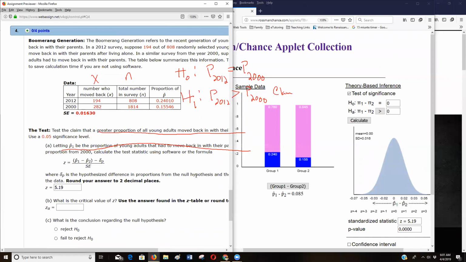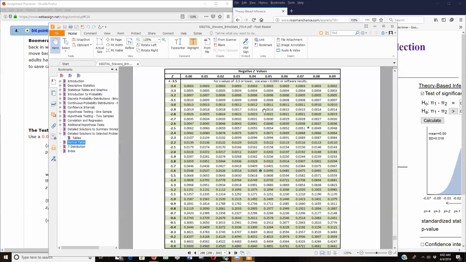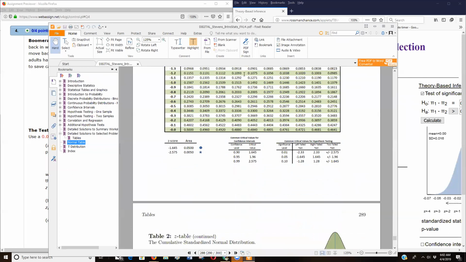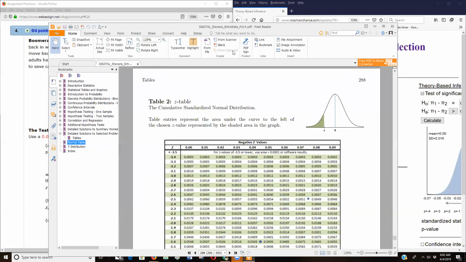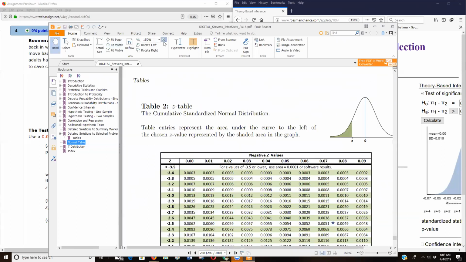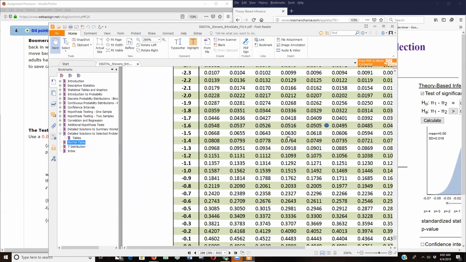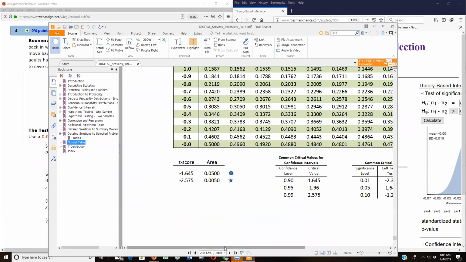Let's see, if I look at my critical values of z here, I'm going to try to zoom in a little bit. Oh, I'm flipping it. That's not what I want. Here's what I want to do, I want to zoom in and look down at that little mini table. I have a right-tailed test.